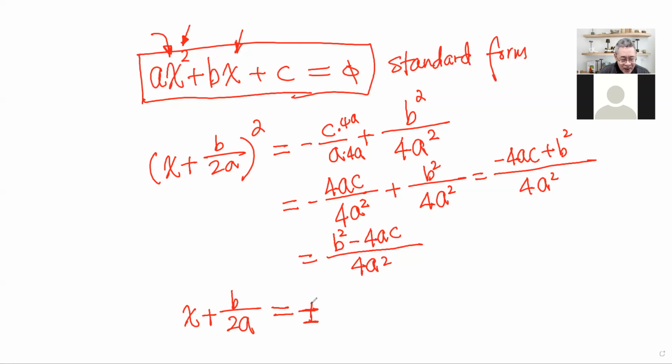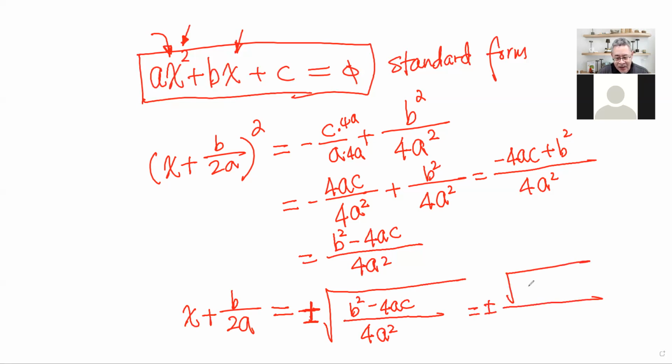Remember, we can have either the positive or negative square root. So we got something like this: b squared minus 4ac over 4a squared. And this we can change to square root of b squared minus 4ac over square root of 4a squared.